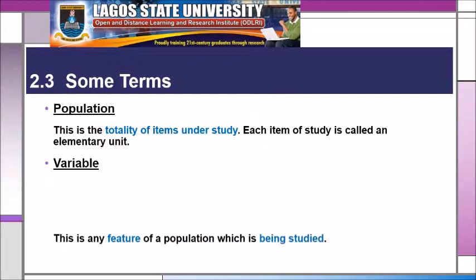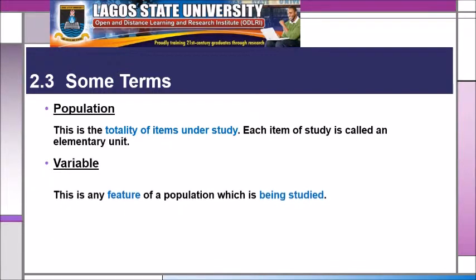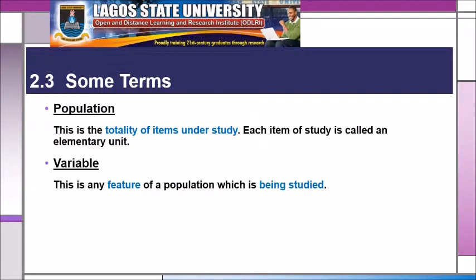Now, what do we call variable? Of course, as the name suggests, it shows that there are quantities that have varied values. But we want to look at variable here with respect to population.